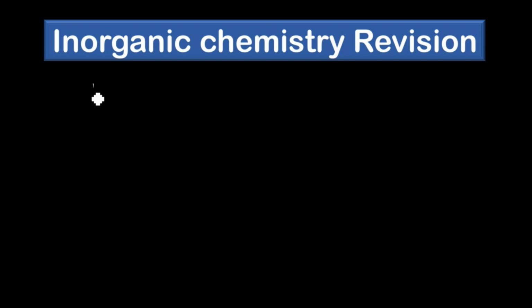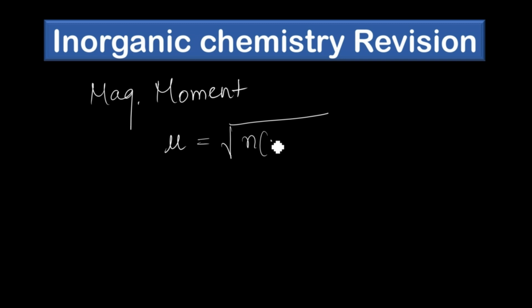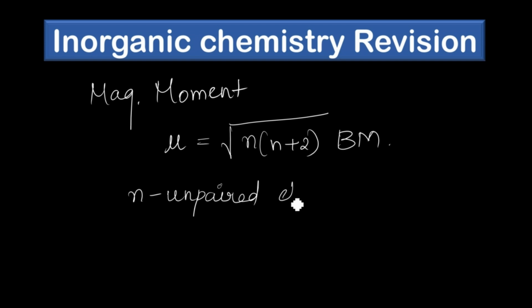Now, magnetic moment, mu. That can be found by using this formula: square root of n into n plus 2, where n is the number of unpaired electrons. If there are unpaired electrons, you can find the magnetic moment, which is an important question you can expect.